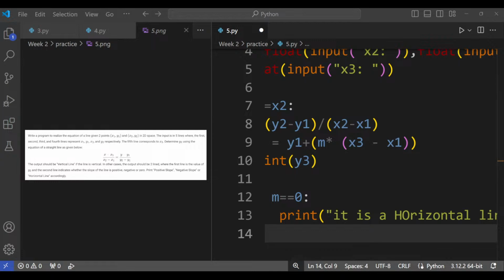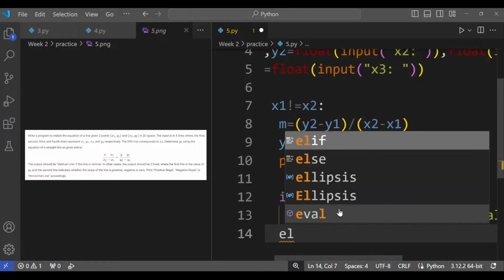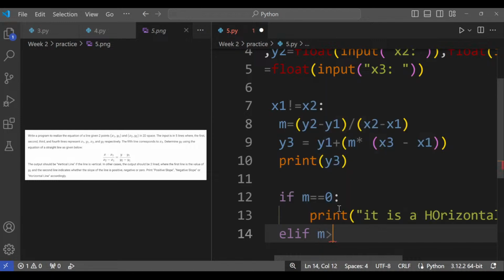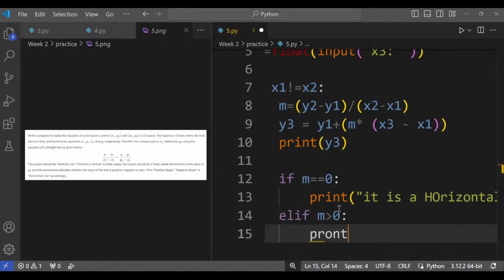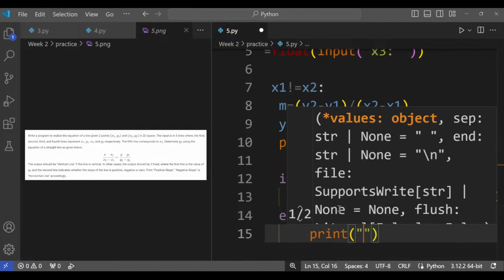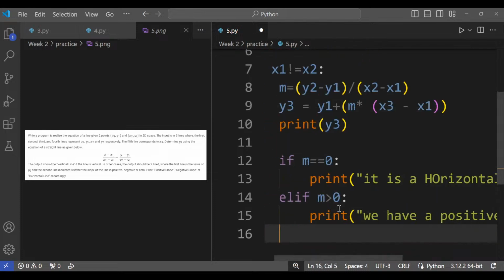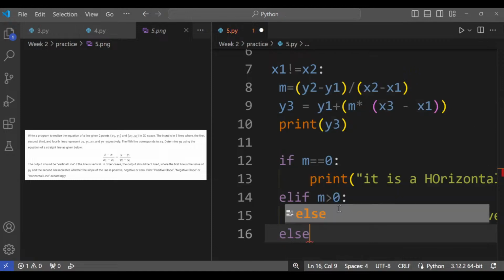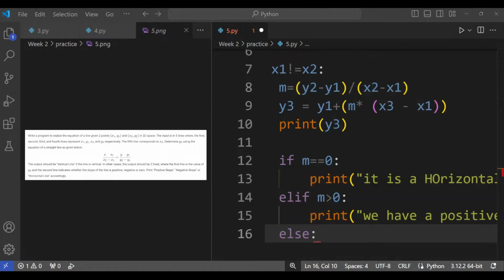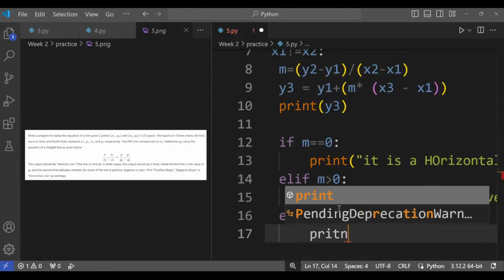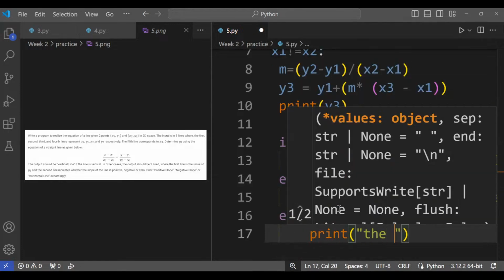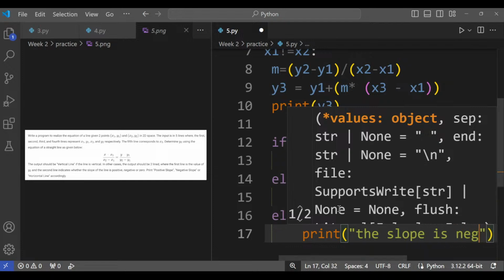Okay. And if m is greater than 0, we have a positive slope, and that is what we need to print. Great, done. And then else, it would be a negative slope, of course. Else print the slope is negative.